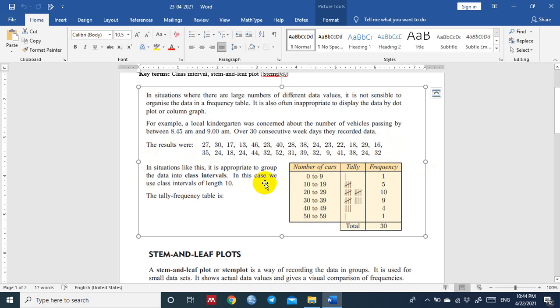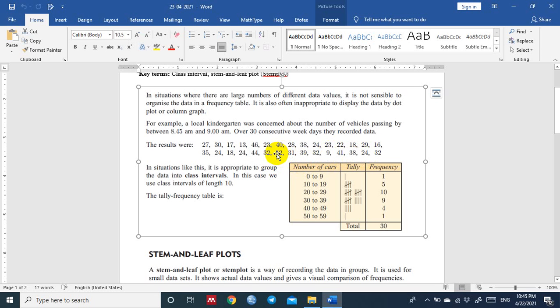In this data, we have 40, which is a bit higher, and the smaller would be 18 something. But in the second row, we have 52, which is higher than the 40s, and also we have 9 here, which is the smallest one. So the smallest value of this data is 9 and the highest value is 52.